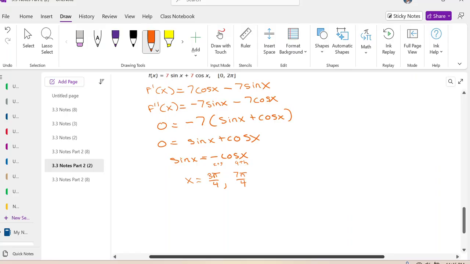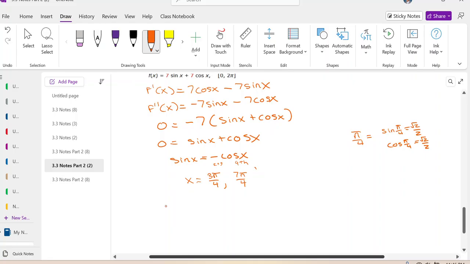Because at pi over 4, sine pi over 4 is equal to square root of 2 over 2, and cosine pi over 4 is square root of 2 over 2. So they're the opposite in the second quadrant and the fourth quadrant. So there are the 2 points.